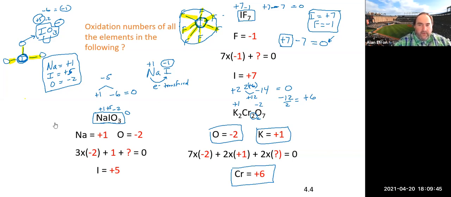Okay. It is really important, especially when we're dealing with oxidation numbers, to make sure that you understand how to apply those correctly, because it's going to help you, especially when we talk about balancing redox reactions, understand what's happening, what's being oxidized, what's being reduced. All right, let me continue on.